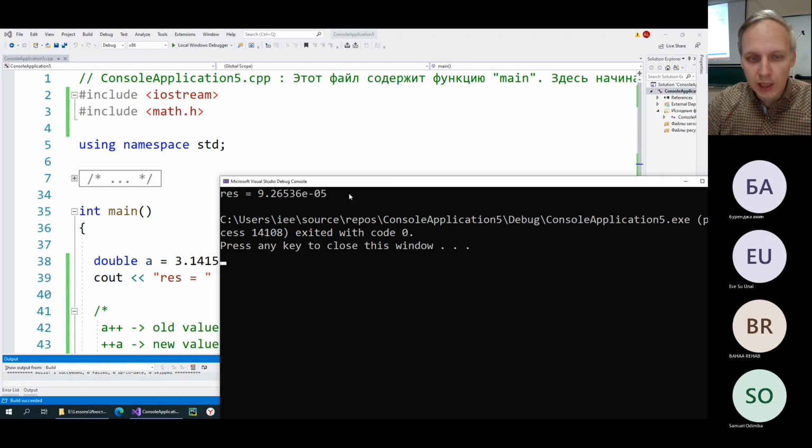But this result will be close to 0. What is this number? It is 9.2 times 10 to the power minus 5. And the result will be close to 0.